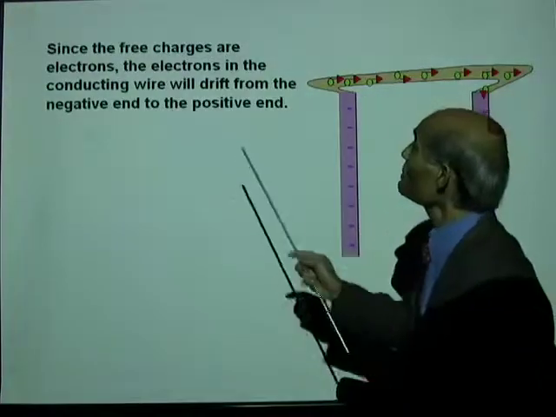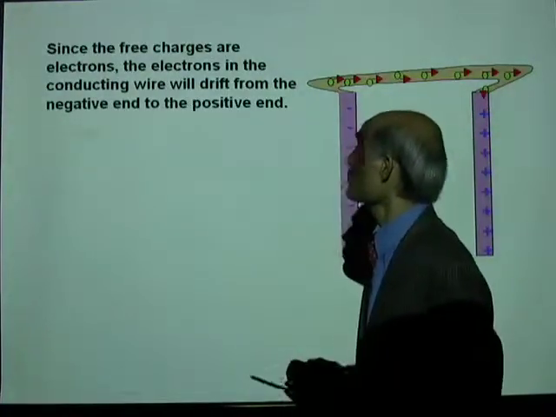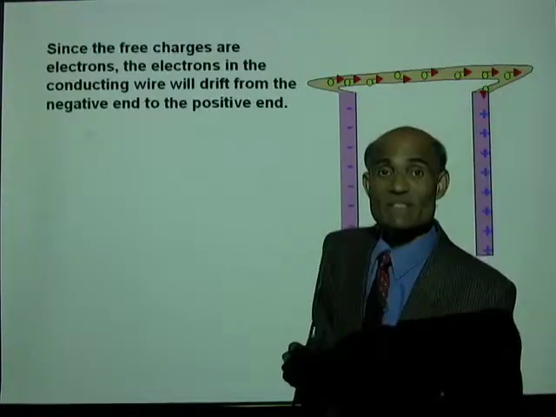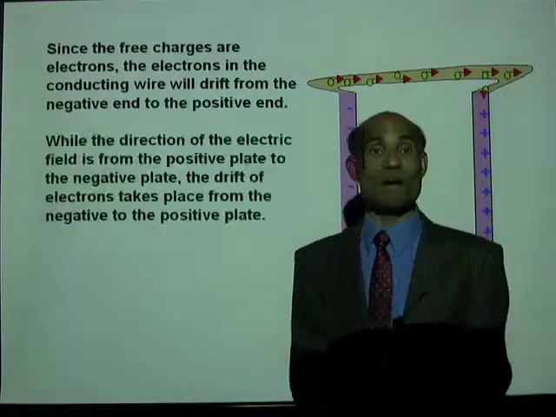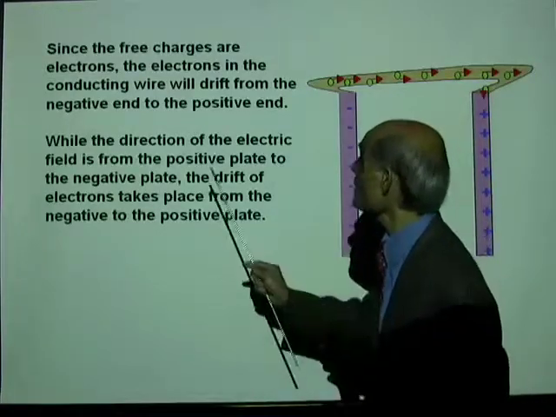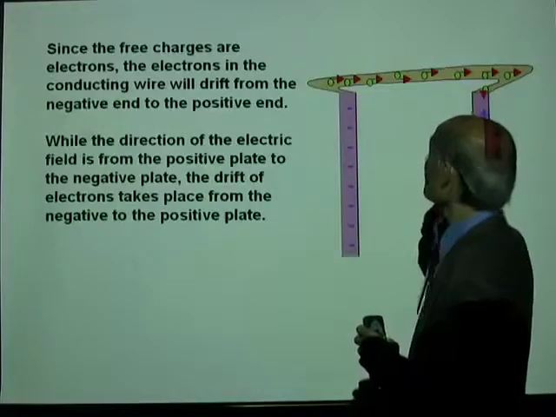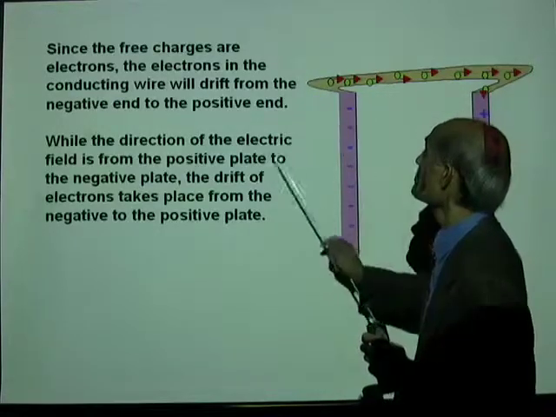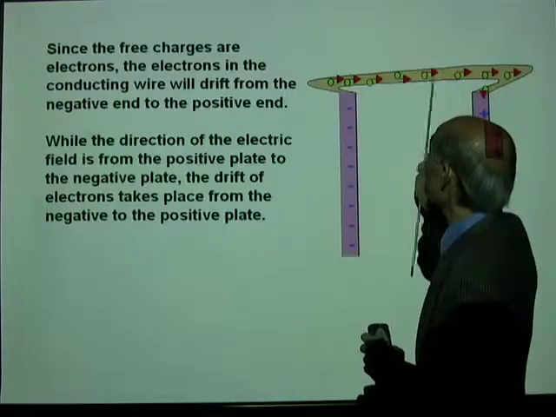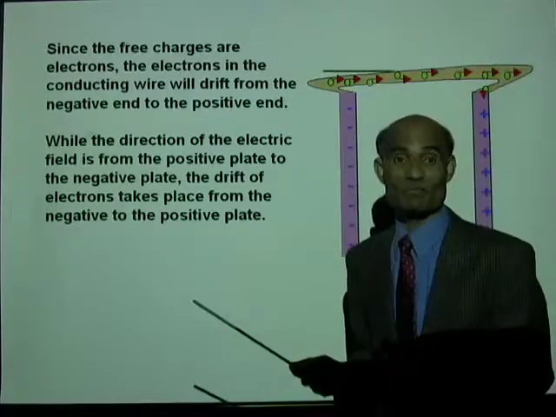Well, since the free charges are electrons, the electrons in the conducting wire will drift from the negative end to the positive end. While the direction of the electric field is from the positive plate to the negative plate, the drift of electrons takes place from the negative to the positive plate.